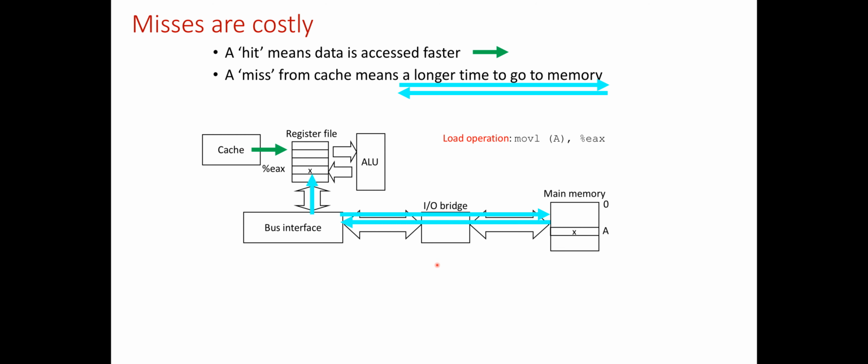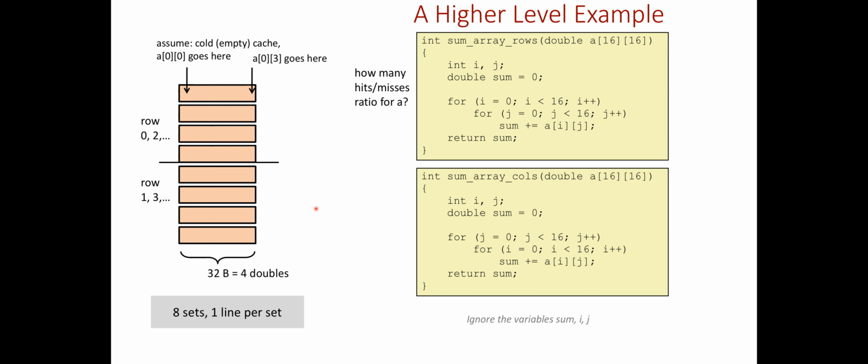And so every time we do one of these loads, if the load can grab the data from cache, we're much better off than if it has to go all the way over to memory and back again. And so what we want to do is avoid misses as much as possible in our code by making sure that we take advantage of the locality that I spoke of in our previous presentations.